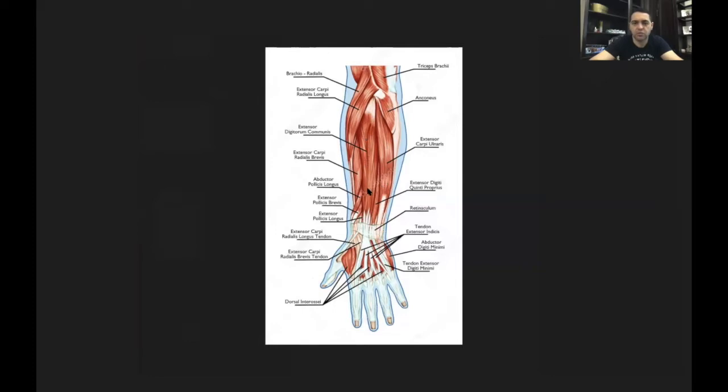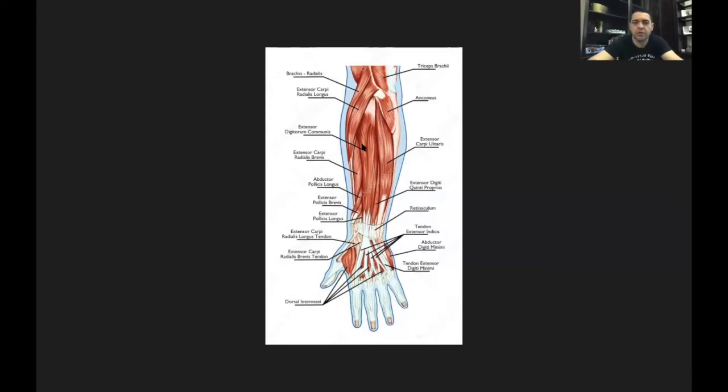extensor digitorum communis, which go to digits second to fifth digit. Then we have here extensor carpi radialis brevis, okay.